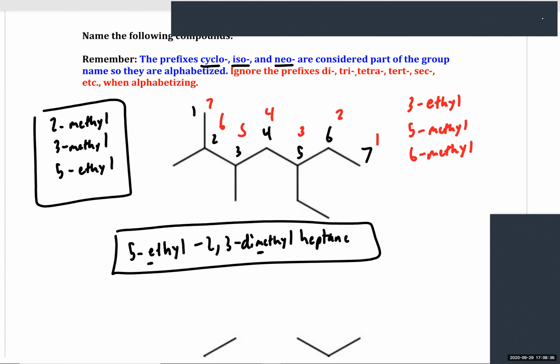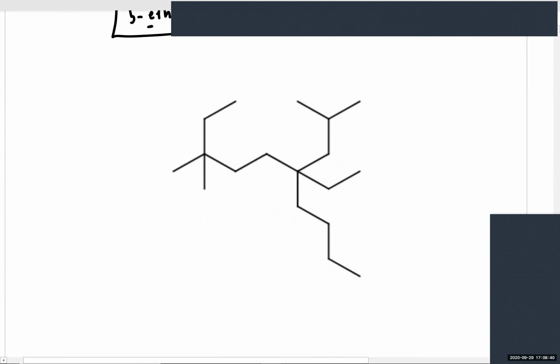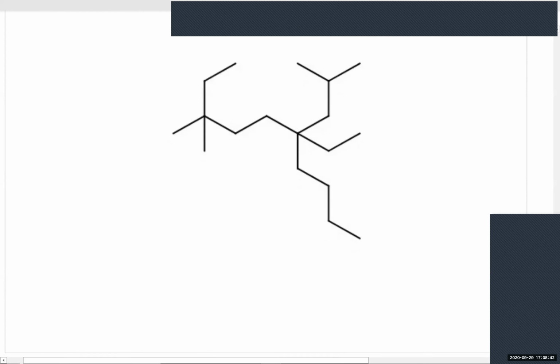So what we're going to do now is I'm going to have you work on the following example. And remember, as long as you apply the systematic rules that we've covered, these more complicated examples should pose no issue to you. So let's identify the longest chain, and let's try to get some proposed names for the following compound.